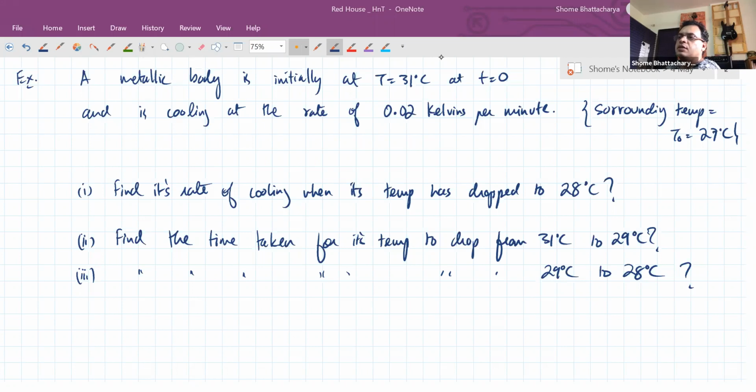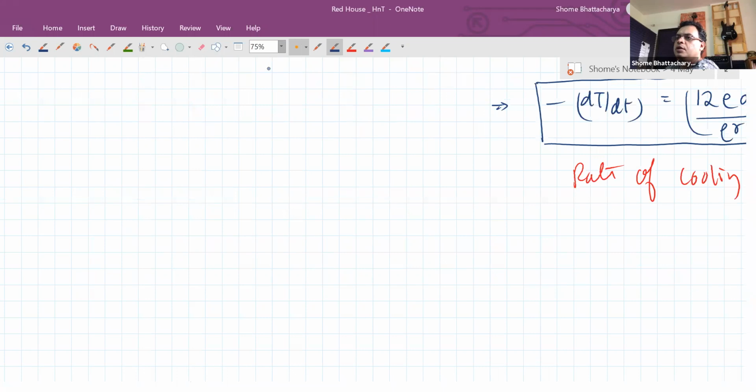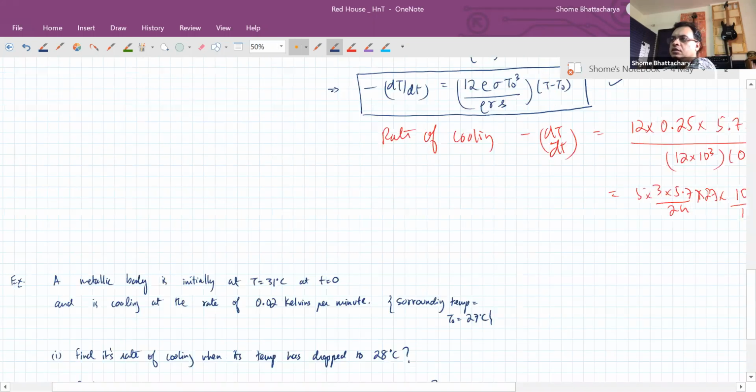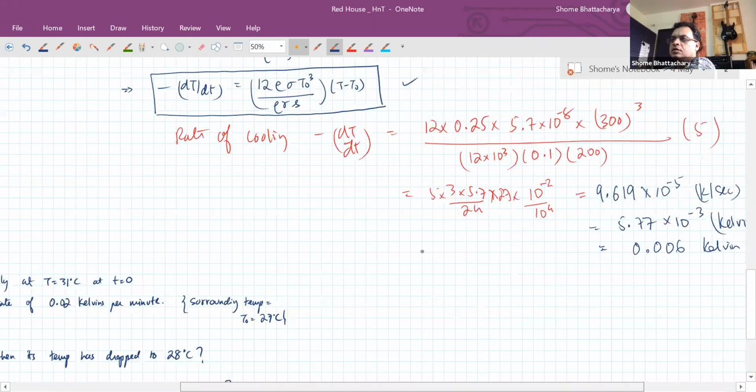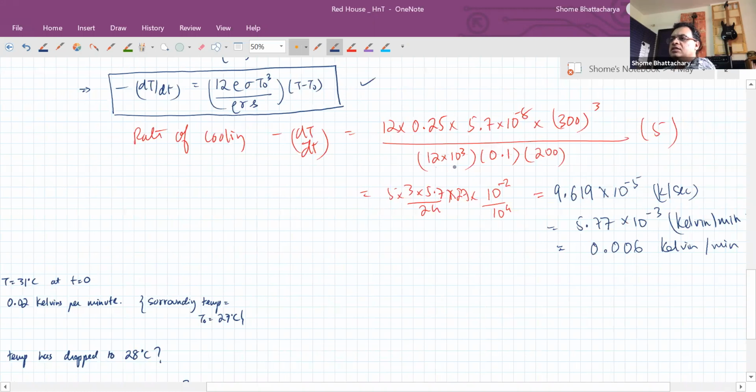Density is 12 gram per cc in that one. So it was 12 into 10 raised by 3 kg per meter cube. I hope I've substituted that correctly. This density.